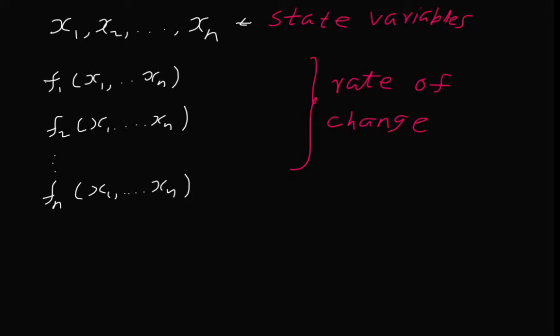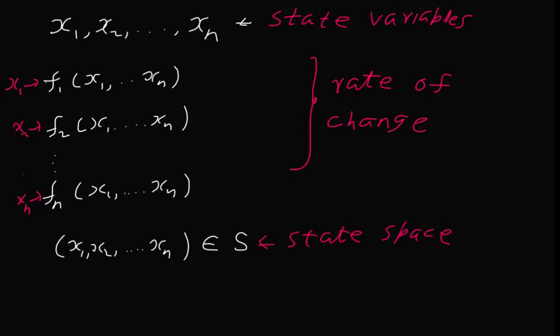It means this is the rate of change of x1, this is the rate of change of x2. Similarly, this is for xn. So we can write down a point x1, x2, up to xn. This is a point in the set S, which is called the state space.